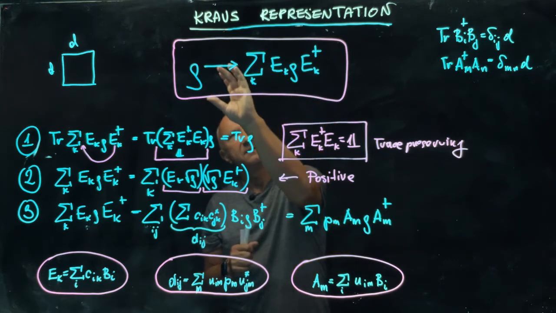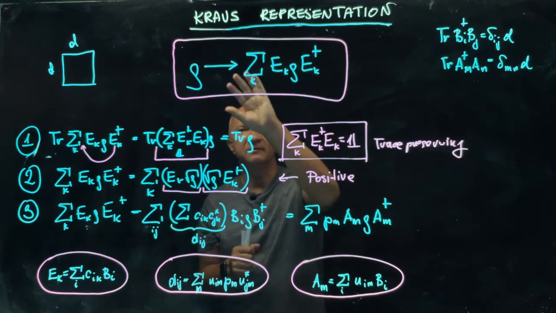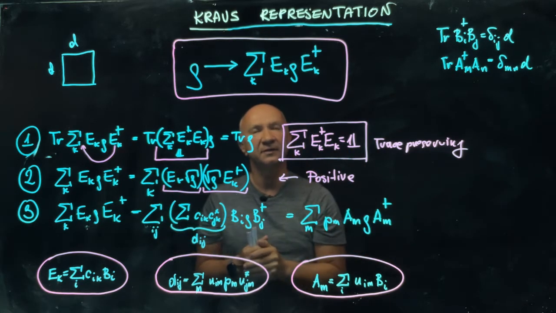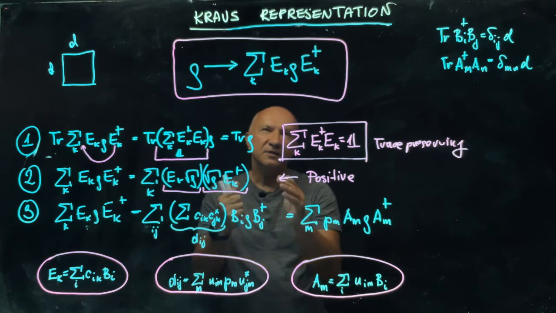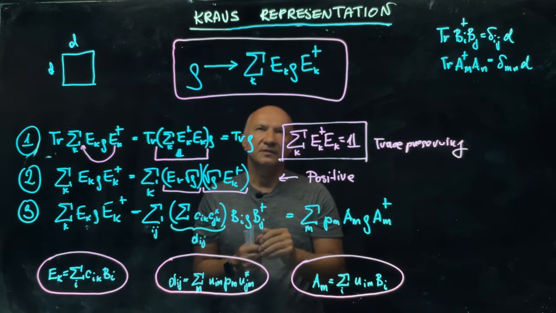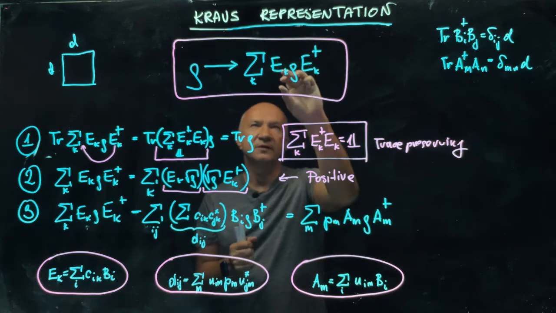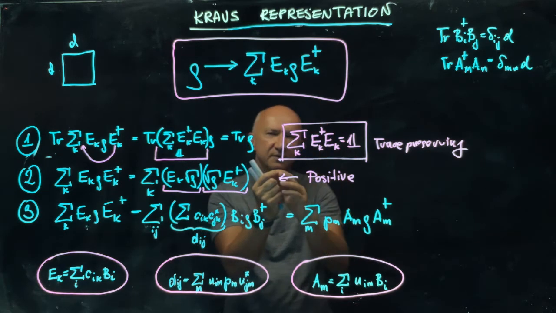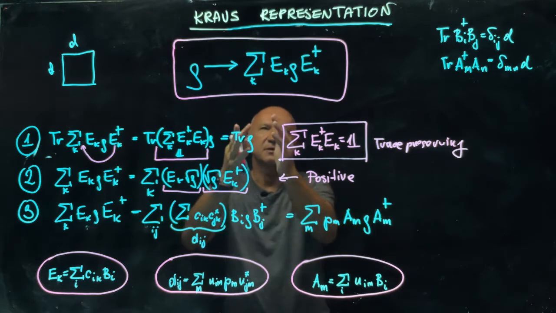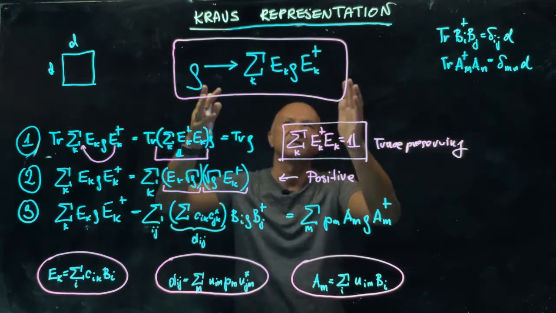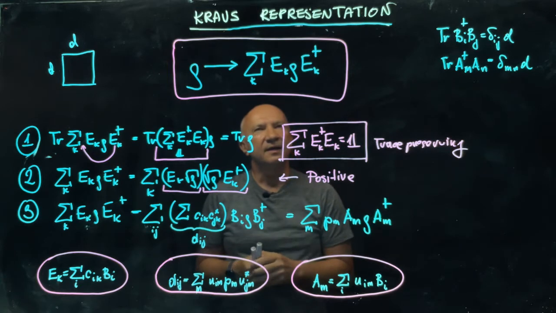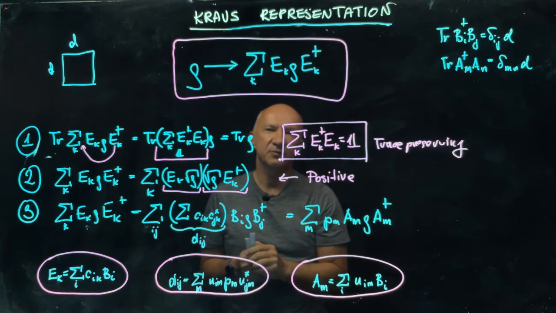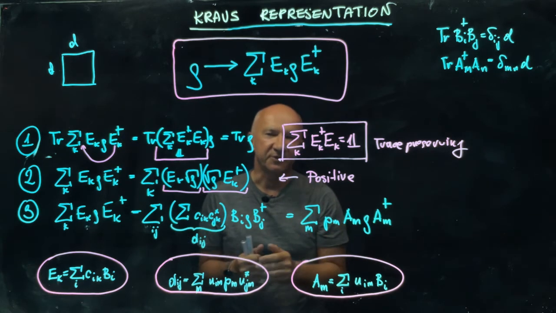Remember, when we derived this particular form from the unitary evolution of the whole thing, the system plus the environment, at this point you could be rightly concerned, because the Kraus operator is associated with the corresponding basis state of the environment, and the environment could be huge. So this expression can have a zillion terms, and that's kind of weird, because each Kraus operator is a d by d matrix.